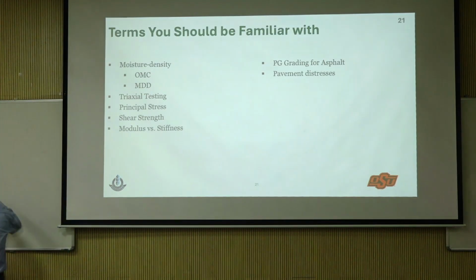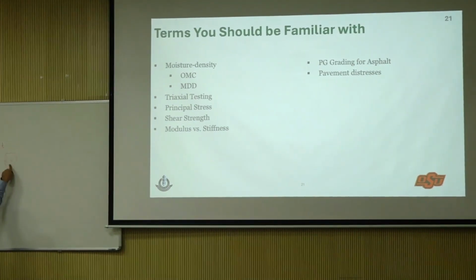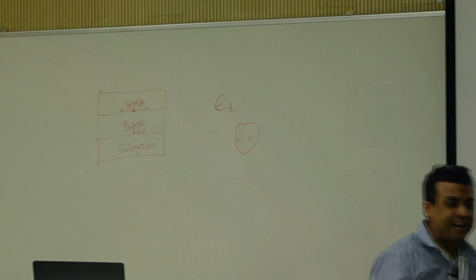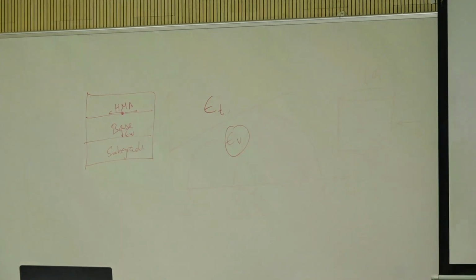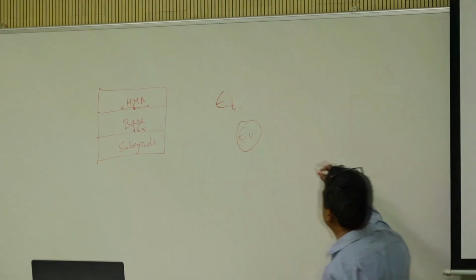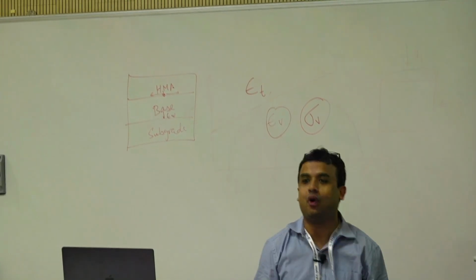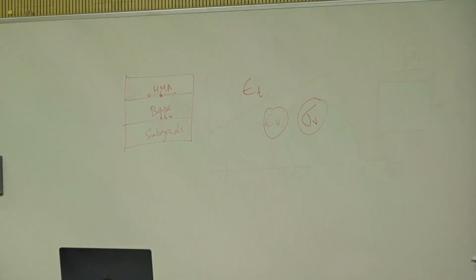By the way, this is correct, epsilon v, but there has been research that actually shows that compared to epsilon v, it is actually sigma v, the stress on top of the subgrade, that is more important, because there is something called subgrade stress ratio.